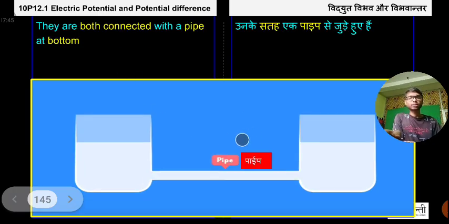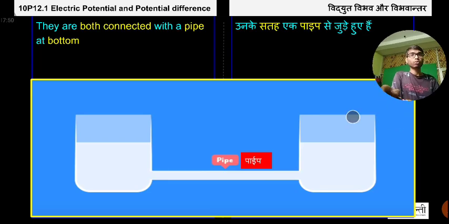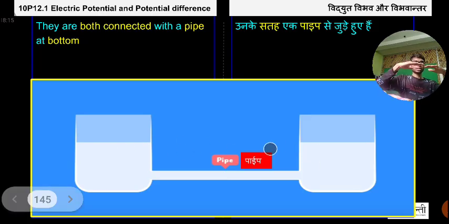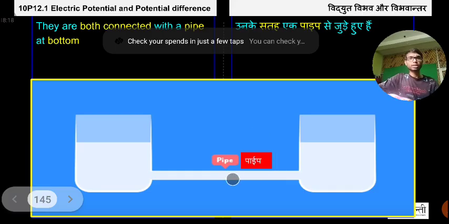Now we are doing an activity, and through this activity we will understand the meaning of electric potential and potential difference. They are both connected with a pipe at the bottom. Now what will happen? We will see. The level in both is equal because it is a stable state.